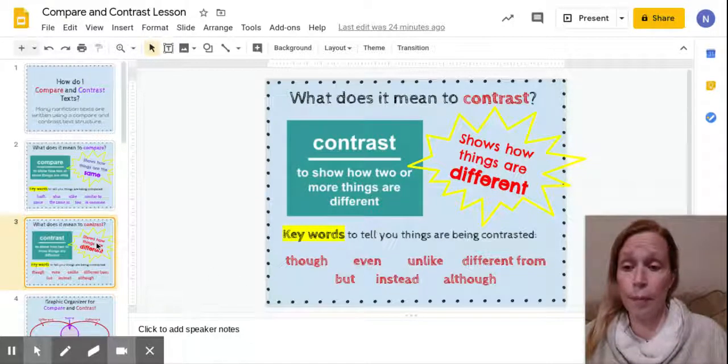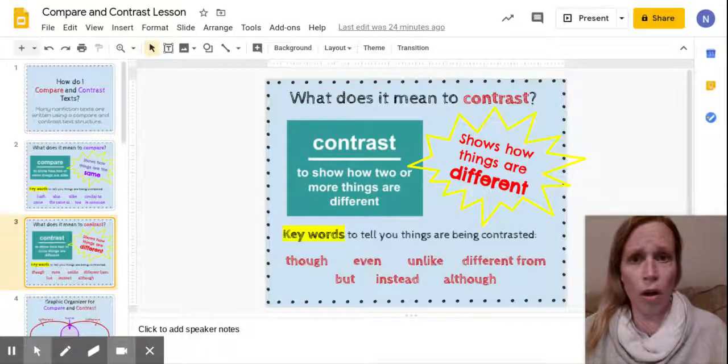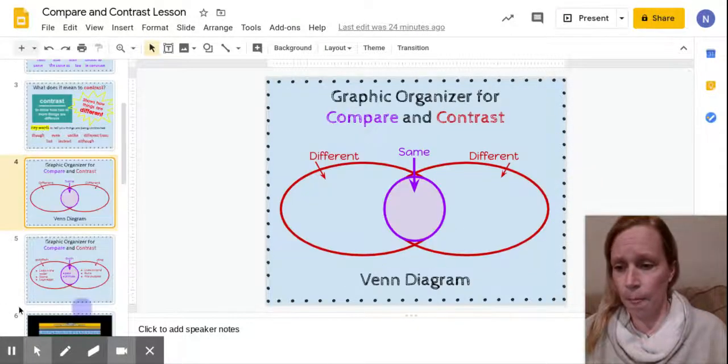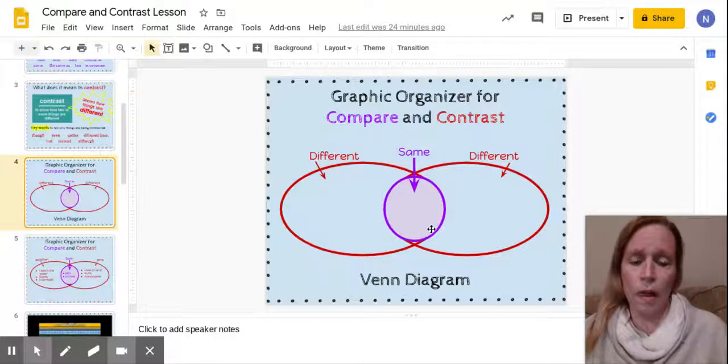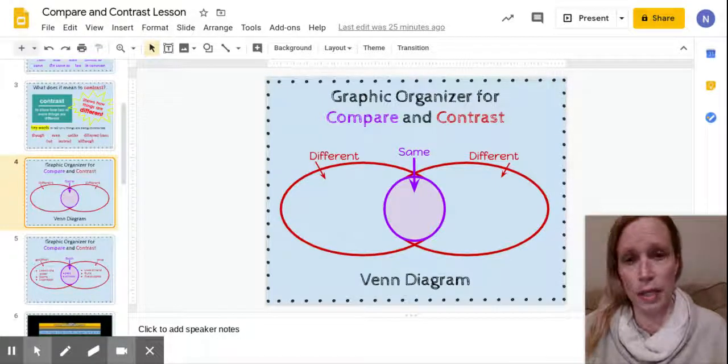So when we're comparing and contrasting texts, we use something called a graphic organizer. We use graphic organizers for all different things, right? The graphic organizer we use to compare and contrast is called a Venn diagram. I know you've seen these before because we talked about these in class when we were comparing and contrasting characters.